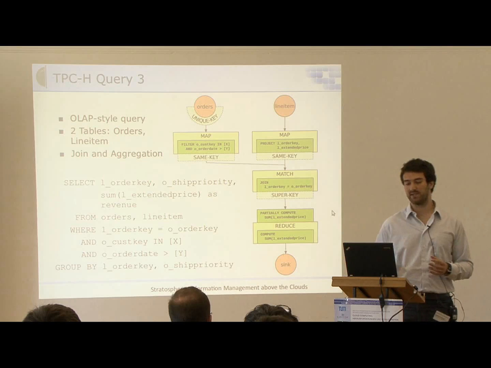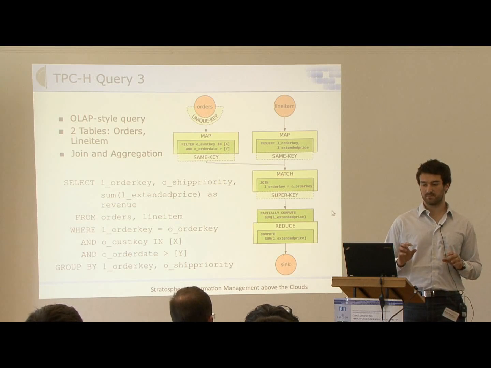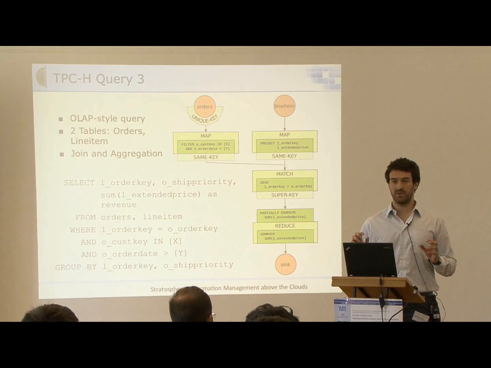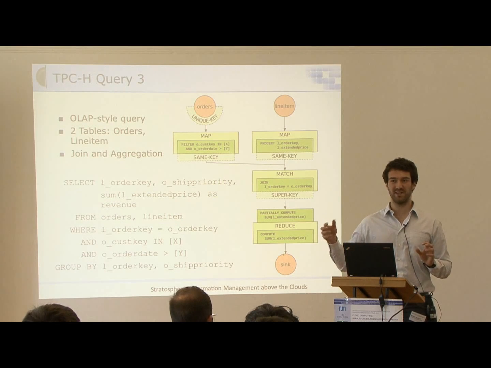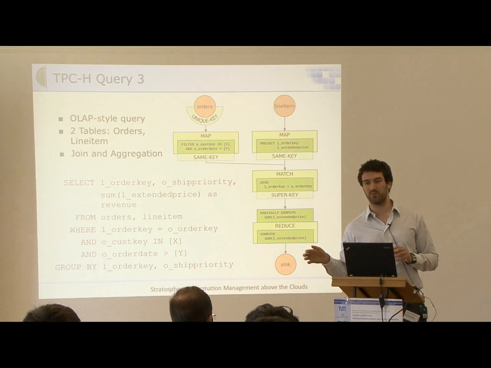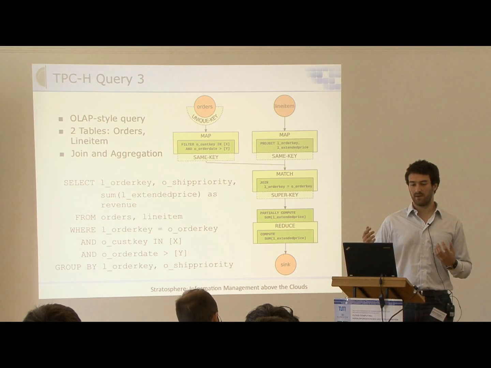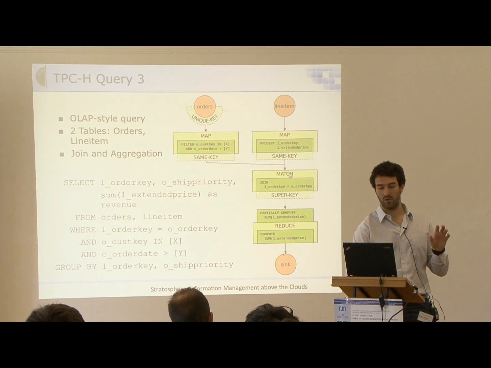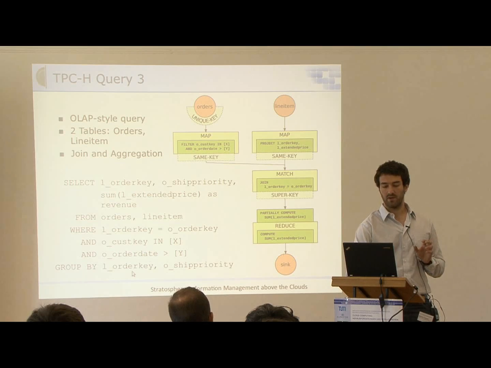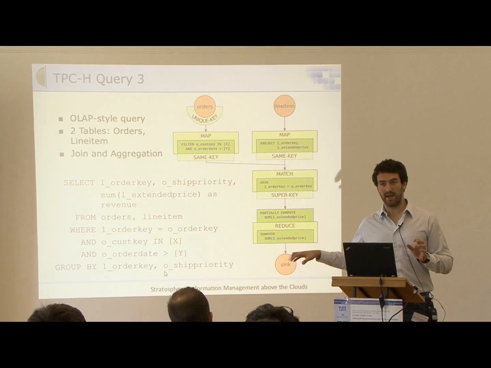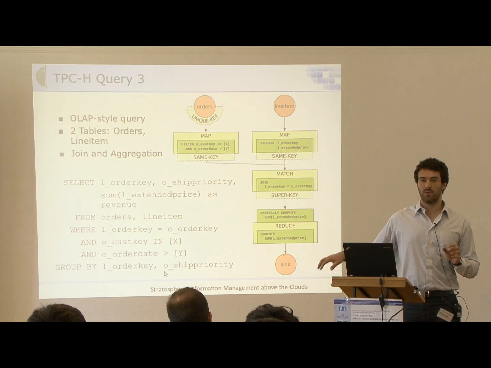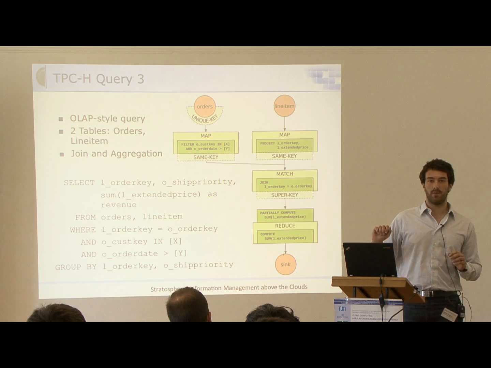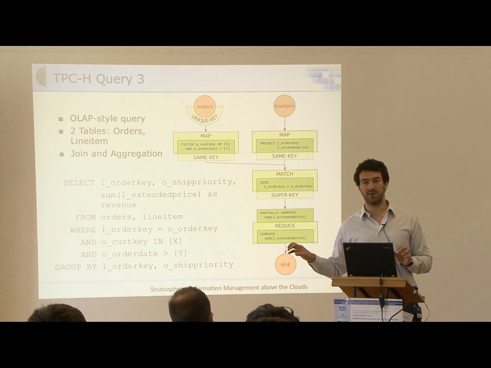An additional output contract here is the super key. Super key means that our input key is a subset of our output key. In this example, we had for our input in the join our order key, and when we do our aggregation afterwards, we want to group by order key and shipping priority together.